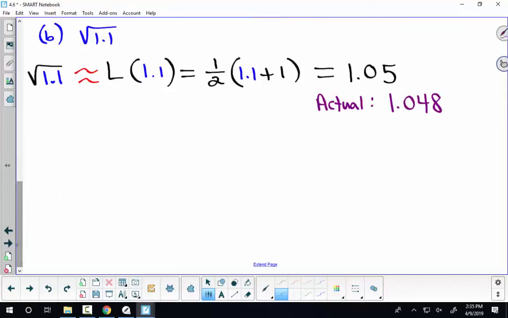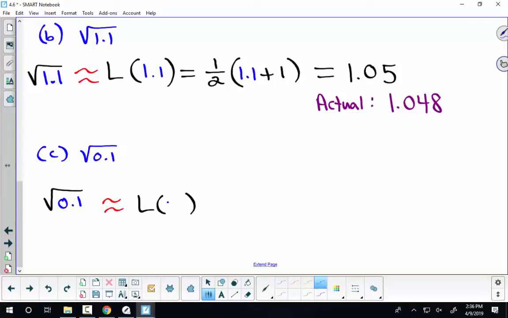And in part C, we're going to use the same process for approximating the square root of 0.1. So the square root of 0.1 is approximately L of 0.1, which is identical to saying 1/2 the input plus 1.